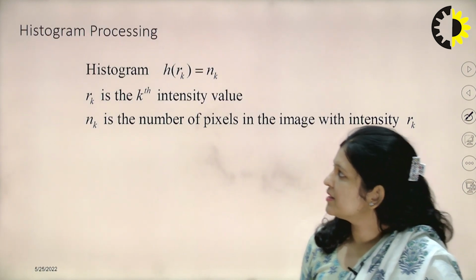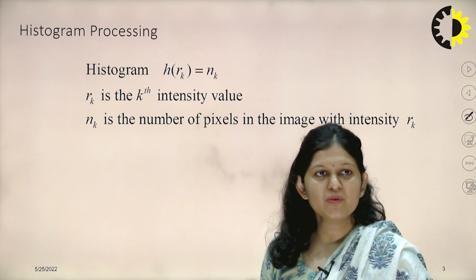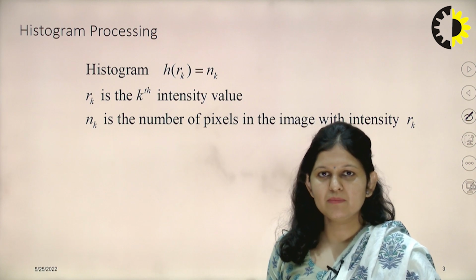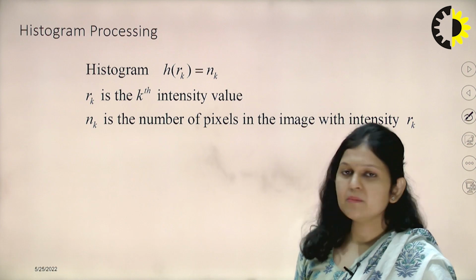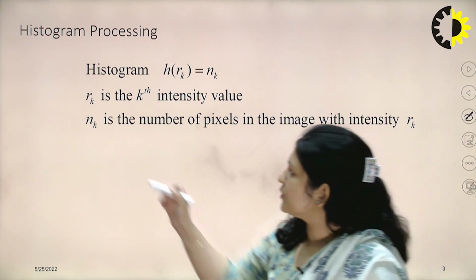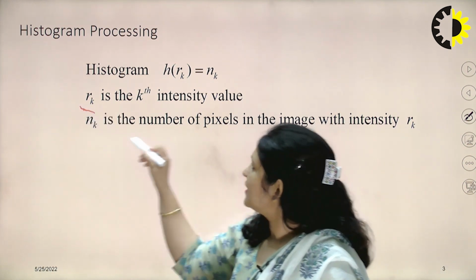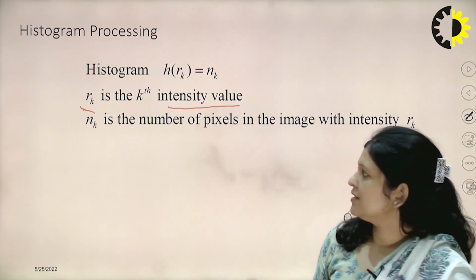When we talk about histogram processing, it is based upon the input r_k, where r_k is the intensity value.